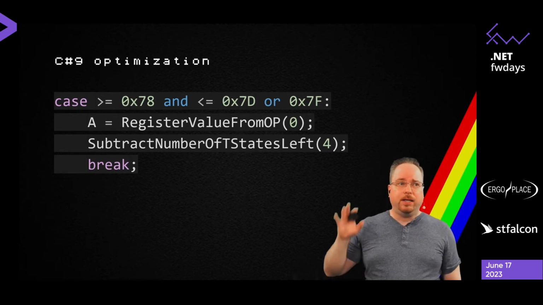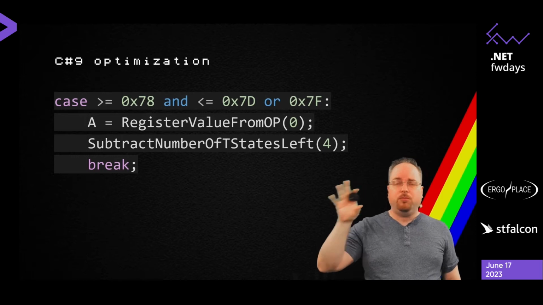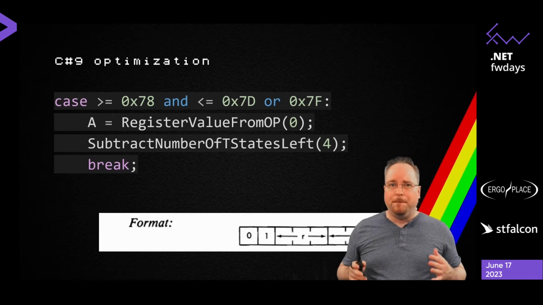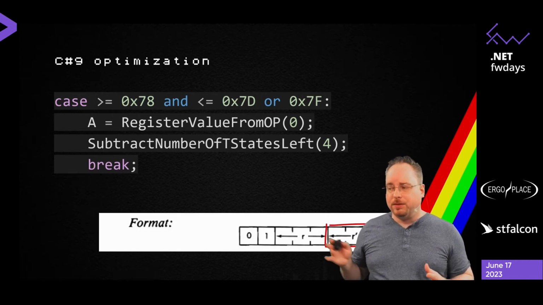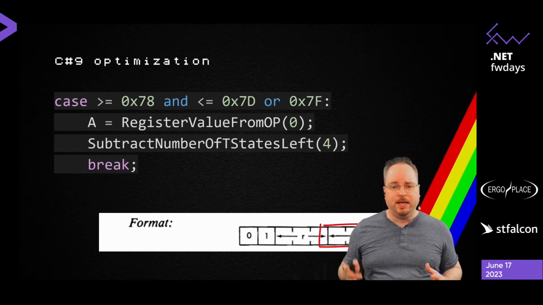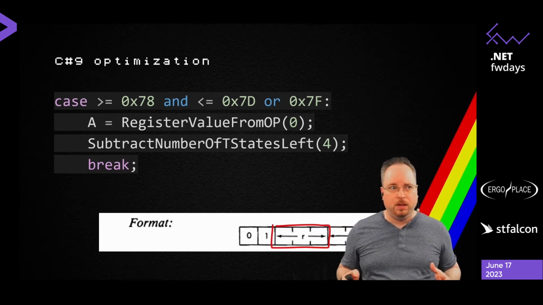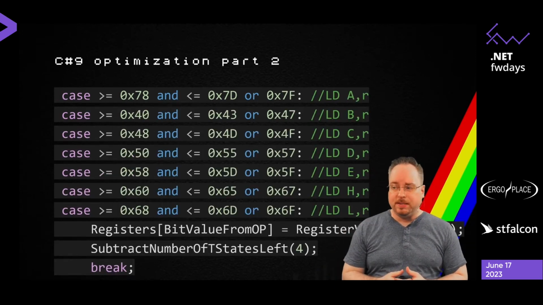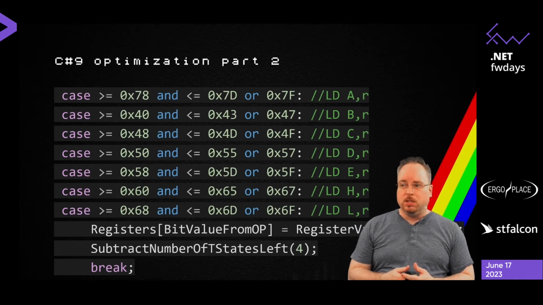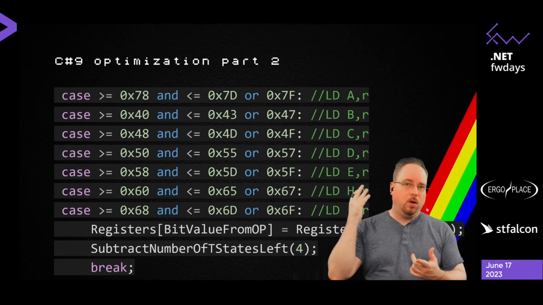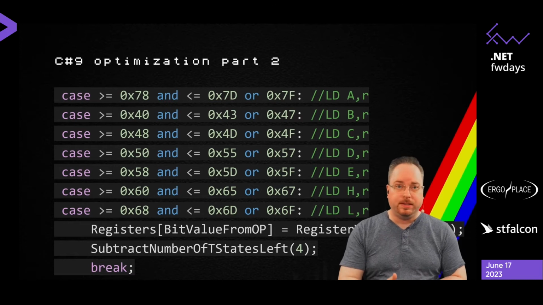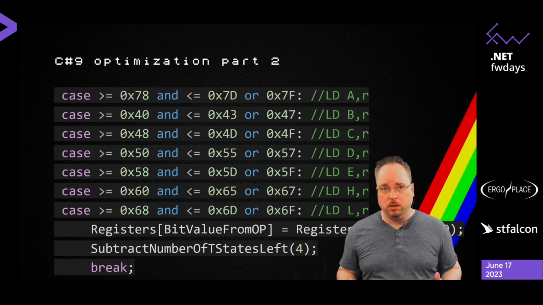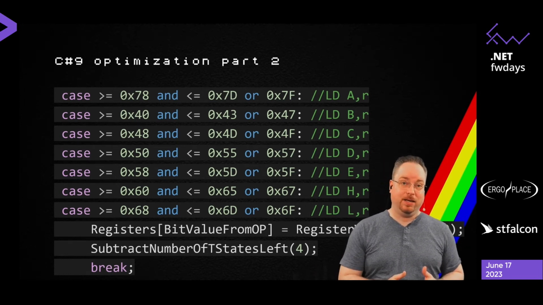So now I can write it like this, but I still need to do it 7 times. Based on the documentation, I had the source registers and the destination registers as well. So I could take that code and rewrite it to look something like this instead. So now I'm handling all the sources, all the destinations. What used to be about 80 lines of code is now reduced to 10.